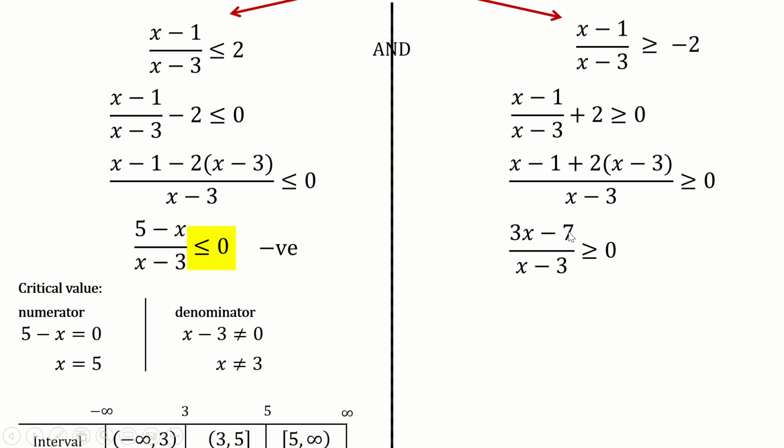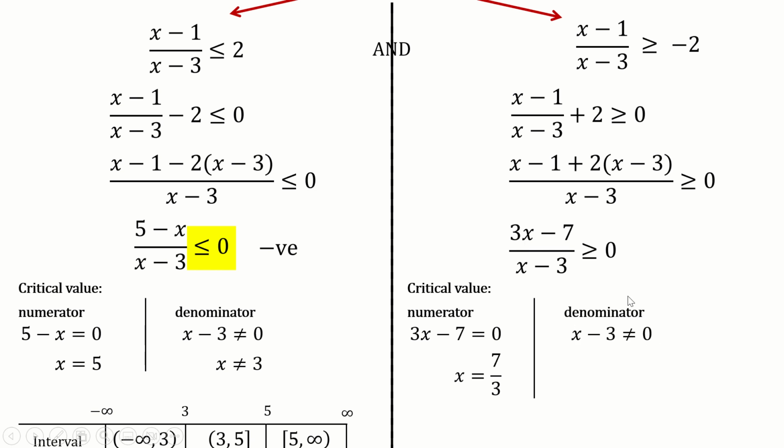Right, so when we have this inequality, now we can find the critical values. For the numerator, which is 3x minus 7, we equate it to 0, so we have x equals 7 over 3. And for the denominator, which is x minus 3, it is not equal to 0, so x is not equal to 3.